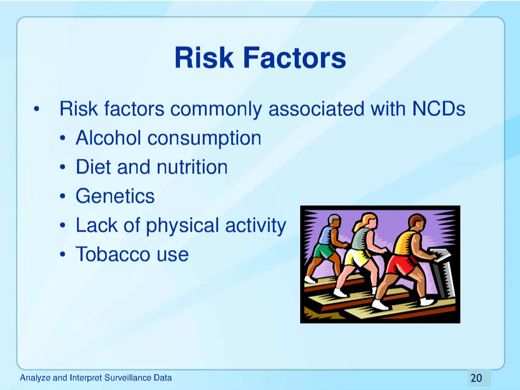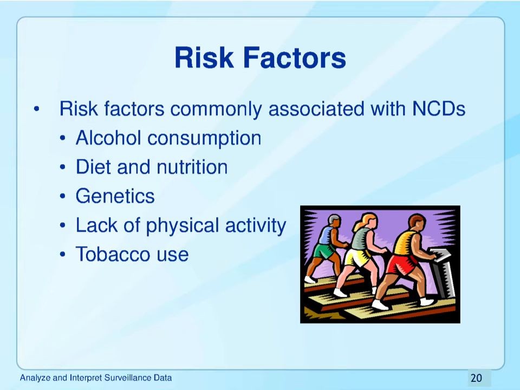All right, let's talk briefly about risk factors, and this is largely a review from one of the previous lectures. Like I said, it's particularly a review if you've had the previous videos, but it also is probably a review for those of you who have done the DDM course as well. Now, it's important in NCD surveillance to describe potential risk factors, okay?